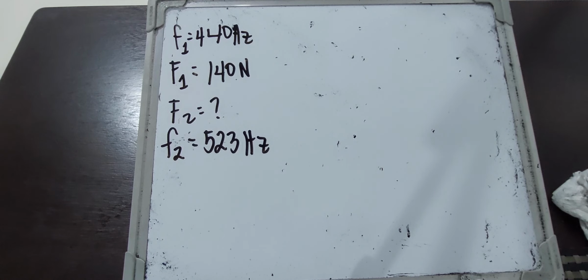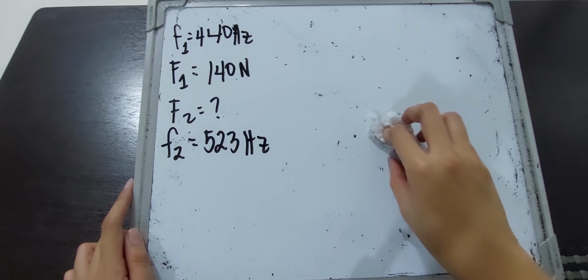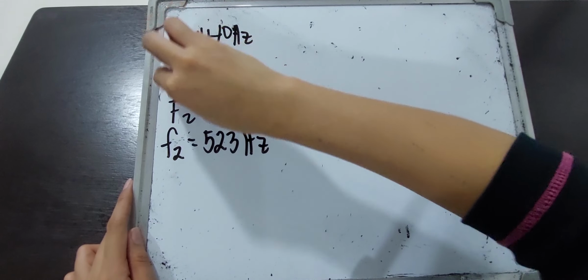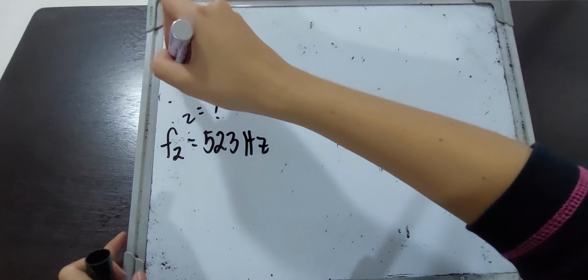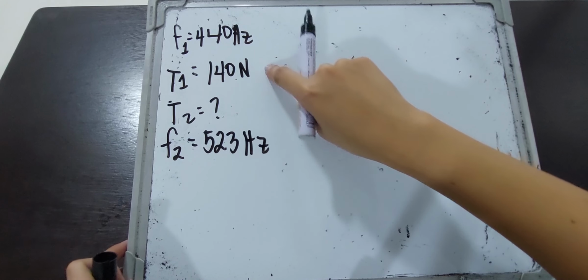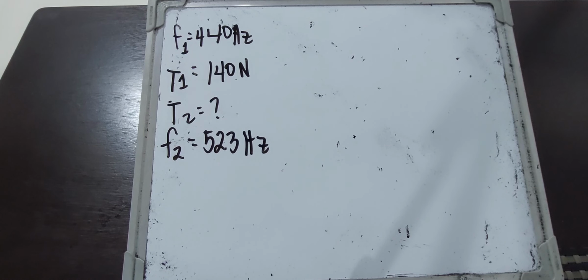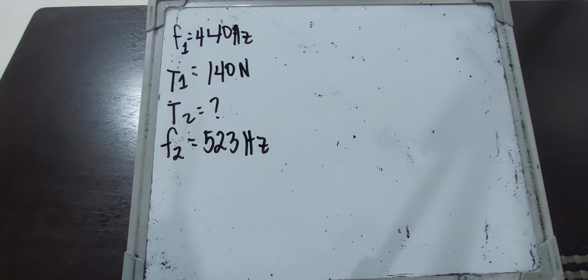Since the involved quantities are frequency and force, or the tension, we can use the second factor. But instead of force, let us use the letter T, since tension is what is in the problem, though it can also be F because it is in Newtons.